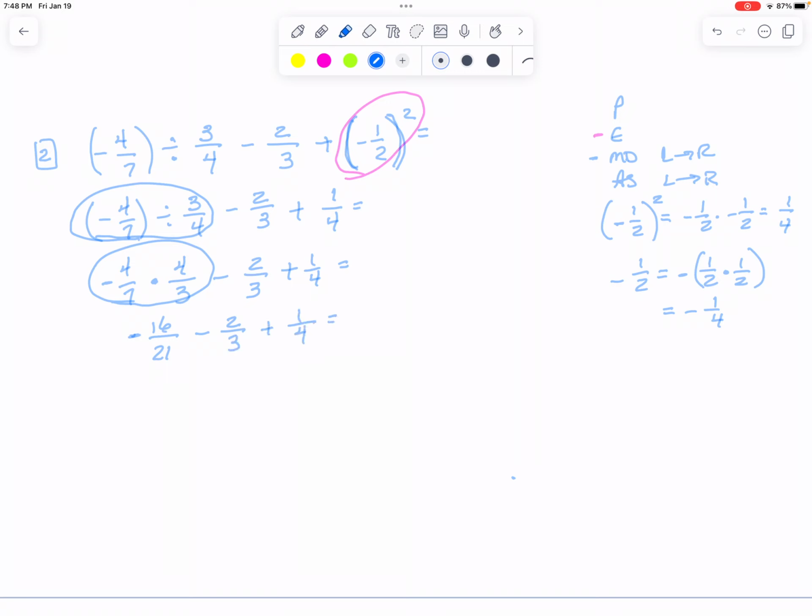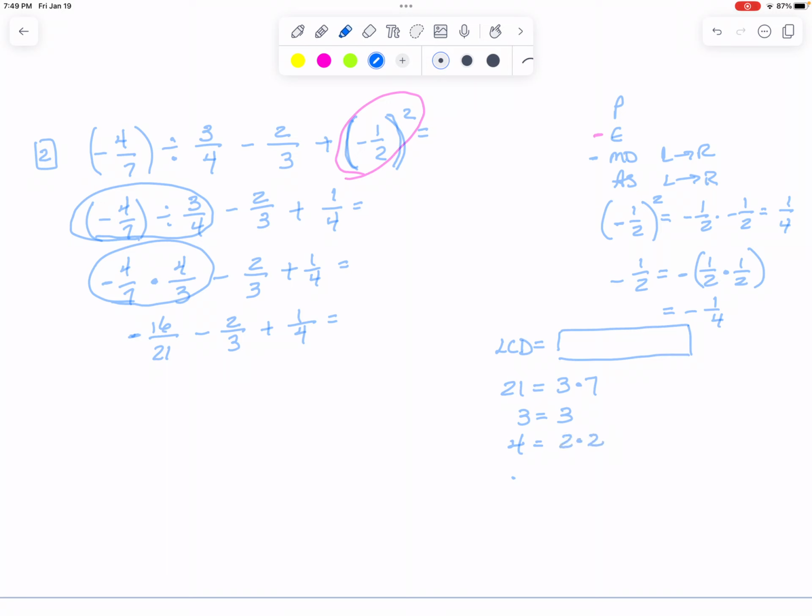All right, so at this point I'm ready to do addition and subtraction, and I need a common denominator. And the simplest way for me, you may have better techniques to find the LCD, is I like to take the denominators, in this case 21, and factor them, or just write them down, factor them down to their prime factors.